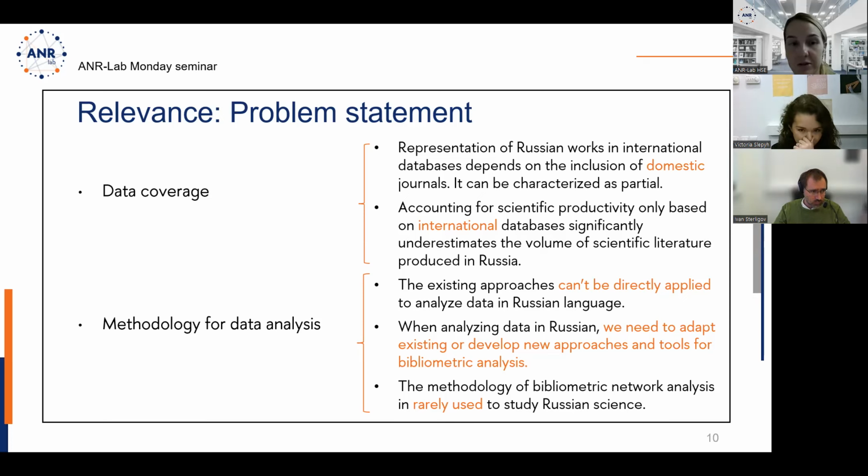So this methodology in general is not really often used by our scientists.